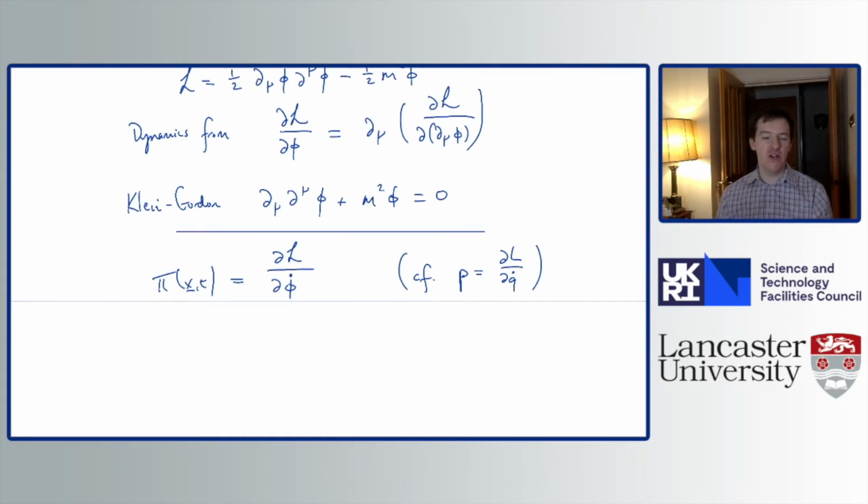Once we introduce the conjugate momentum, it's then relatively straightforward to calculate the Hamiltonian density. It's pi times phi dot minus the Lagrange density.